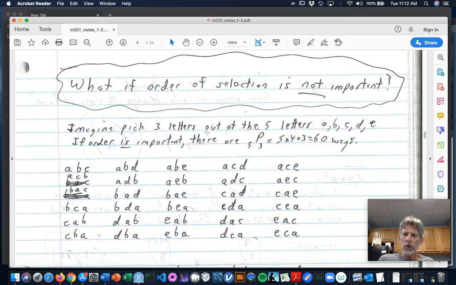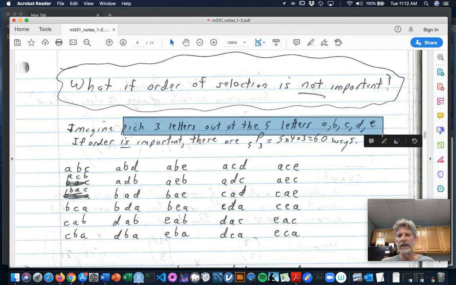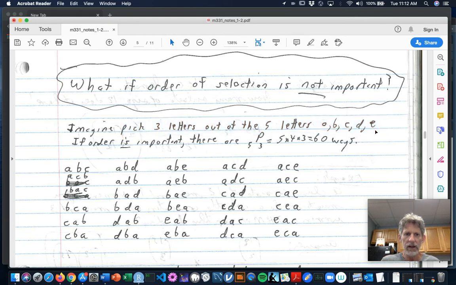Now, so far we've been working with problems where the order in which you select things out of the big starting set is important. But what if the order of selection is not important? Imagine that you needed to pick 3 letters out of the 5 letters A, B, C, D, and E. And you just need the 3.